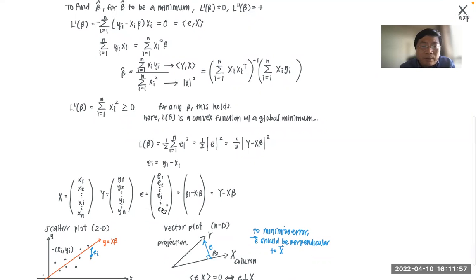So e is the n-dimensional column vector that collects e1 to en, where this ei is yi minus xi beta. Okay, so therefore now you can write this whole vector as vector y minus x times beta. Here we need to be a little bit careful that x is an n by 1 vector and beta is a 1 by 1 scalar.